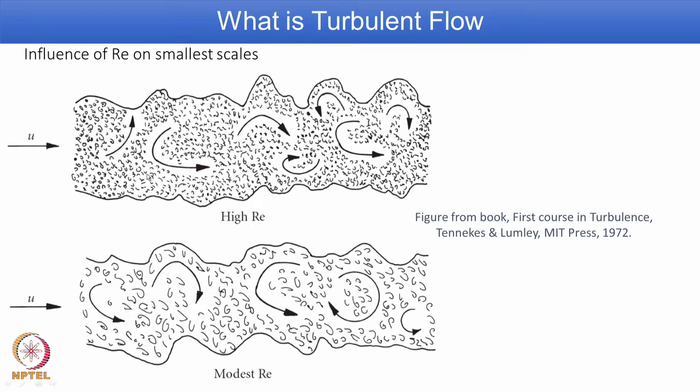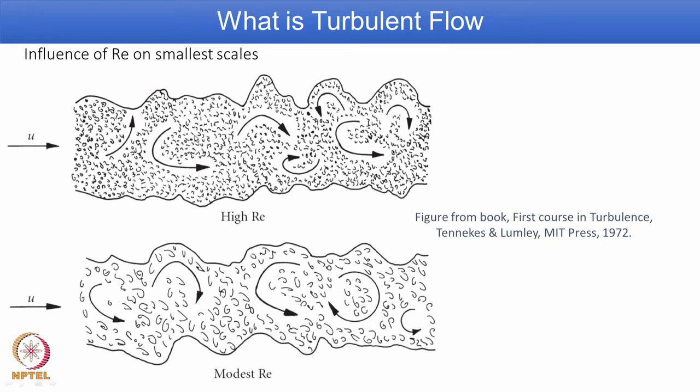whereas if you look at the small curvy lines, what you see on the top, which is for the high Re, you see many small curvy lines and these curvy line sizes are smaller than what you will see in the modest Re. Modest Re also shows curvy lines and these curvy lines represent small eddy motion and the smallest eddy is marked by the smallest curvy lines.